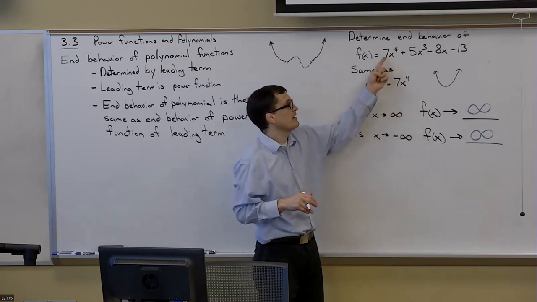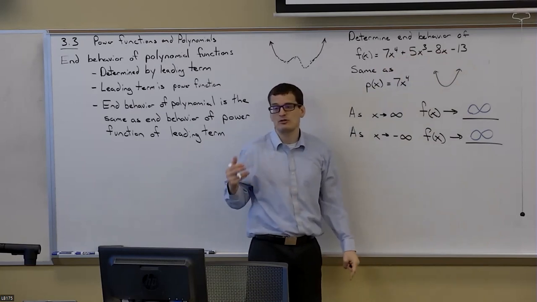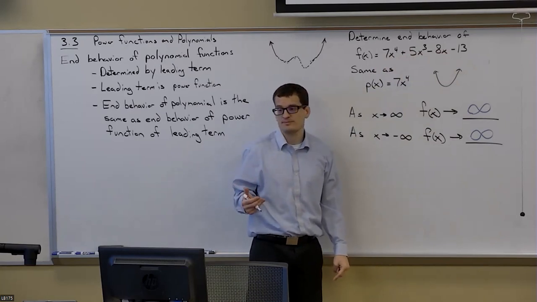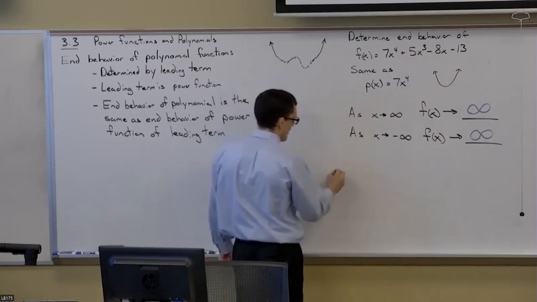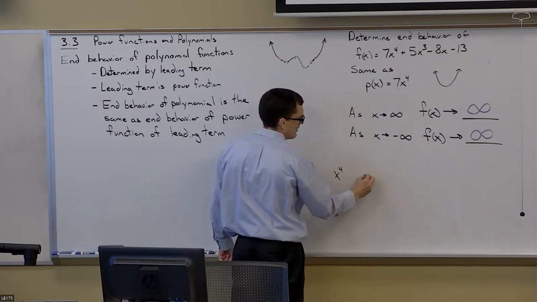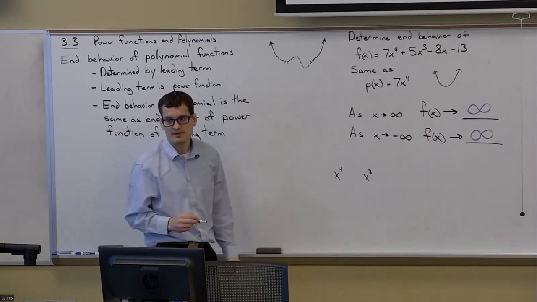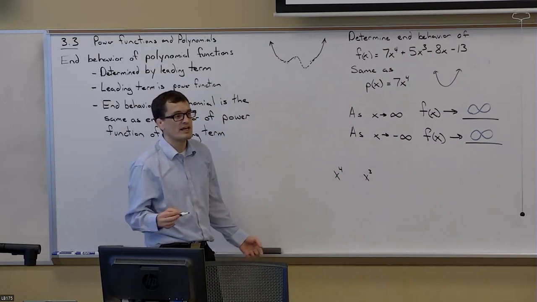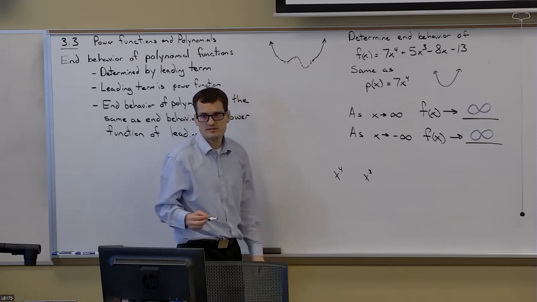Well, think about these terms and which ones are going to be bigger. If I compare a term with x to the fourth in it with x to the third, and we plug in a really large number. Now let's just plug in 1,000.